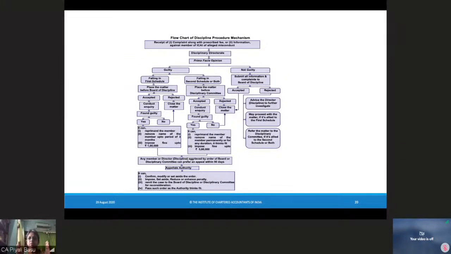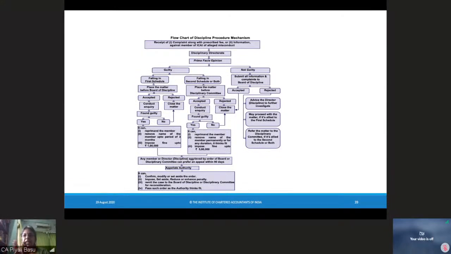Just remember for your exam purpose that if a member, whether in practice or in service, by his conduct is guilty of a misconduct falling in any of the clauses in the first schedule, the matter will be placed before the Board of Discipline. This you need to remember for your exam purpose.